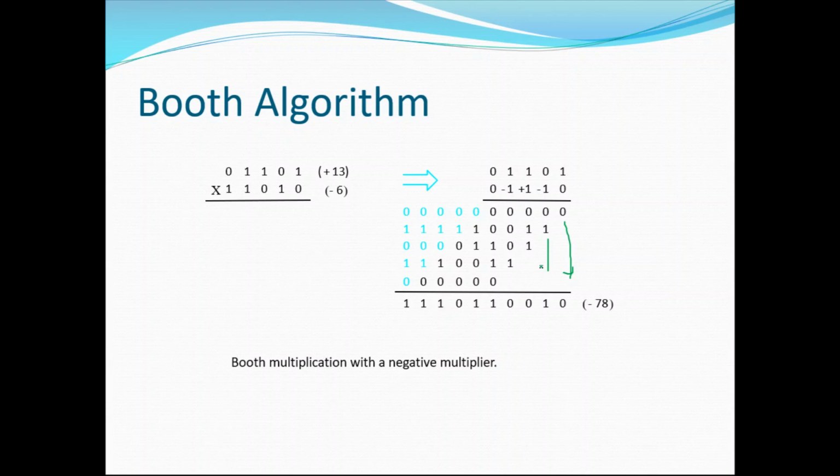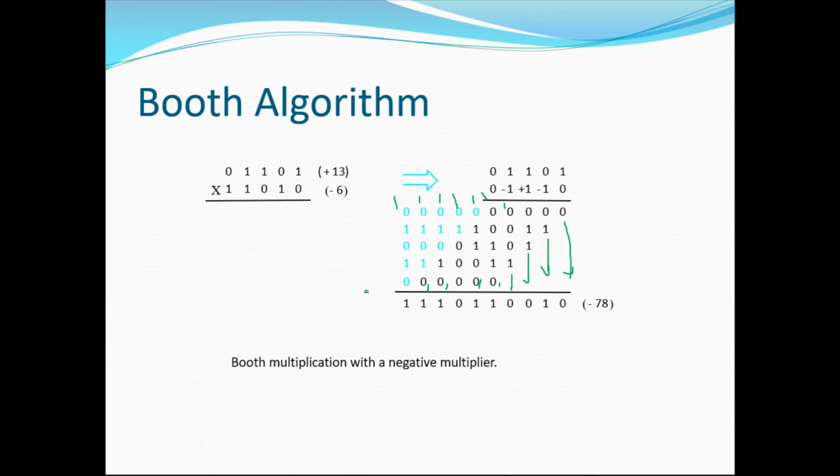Oh, this is 1. 1 plus 1 is 1 0, so 0 and carry 1. 1 plus 1 is 1 0, so 0 carry 1. 1 plus 1 is 1 0 plus 1 is 1 1, so 1 and carry 1. 1 plus 1 is 1 0 plus 1, that is 1 1, so 1 and carry 1. 1 plus 1 is 1 0, so 0 and carry 1. 1 plus 1 is 1 0 plus 1 is double 1, so 1 and carry 1. 1 plus 1 is 1 0 plus 1, so double 1, so 1 and carry 1. 1 plus 1 is 1 0 plus 1, so 1 remaining, you can ignore.